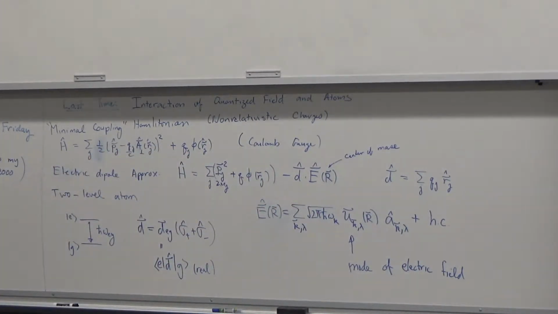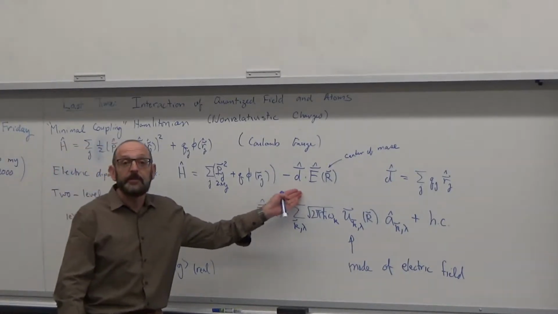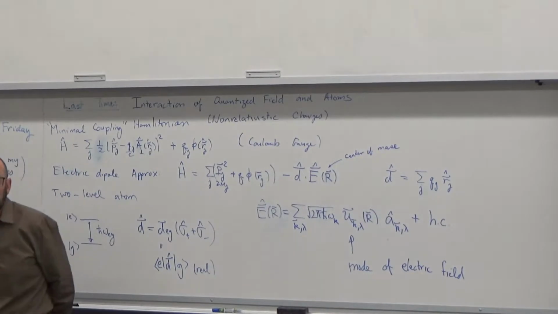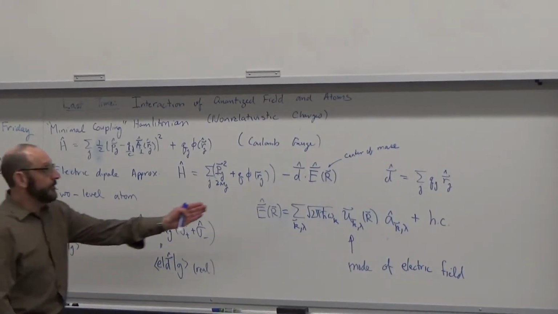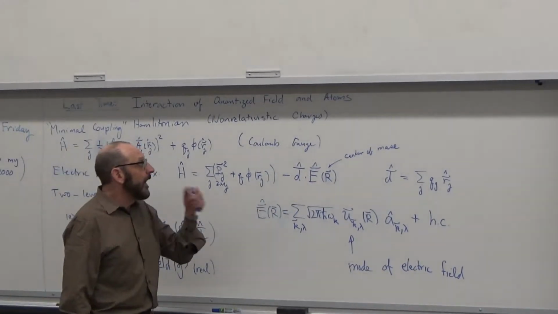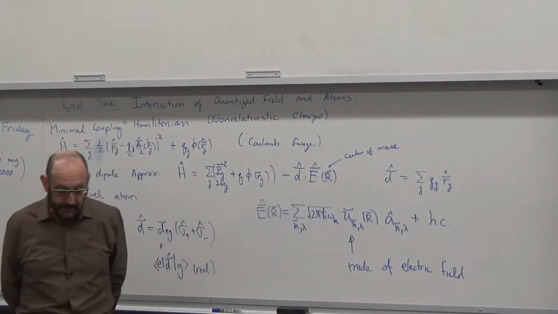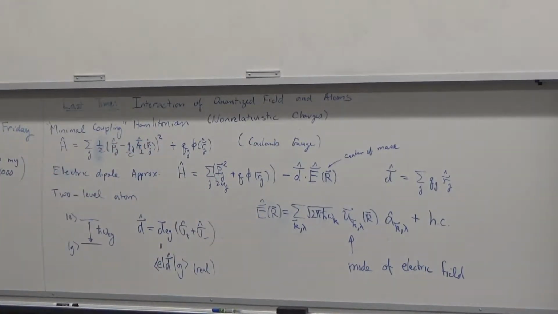Then we can take the dominant term for our atom, which is the electric dipole term. That's the most important coupling term for a neutral charge distribution. And that couples to the electric field at the center of mass position of the charge distribution.